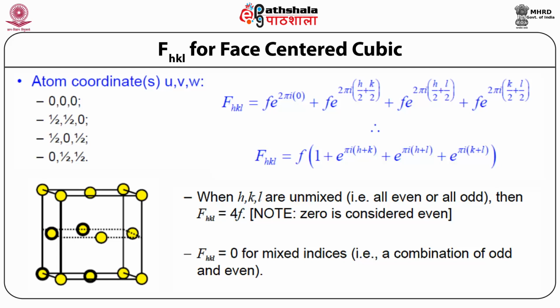And if that condition is not met, you will see that two of the terms come with a positive sign and two with a negative sign, and they cancel each other and the structure factor becomes 0. So the peaks will exist only when all HKL are even or all HKL are odd. So from this X-ray diffraction pattern, after indexing it, if you see that all indices are either even or odd, then you can understand this is a typical signature of FCC, and you can identify that this is an FCC structure.